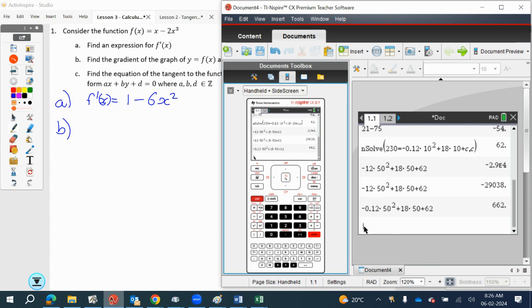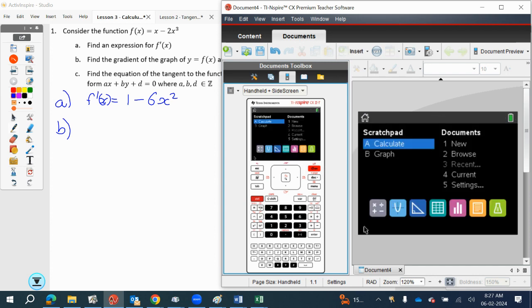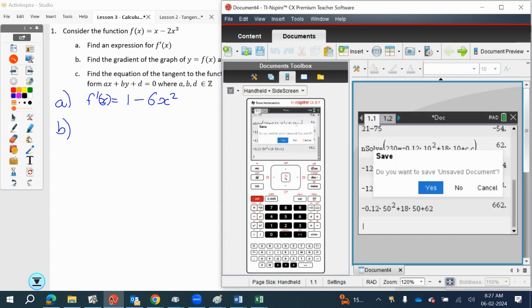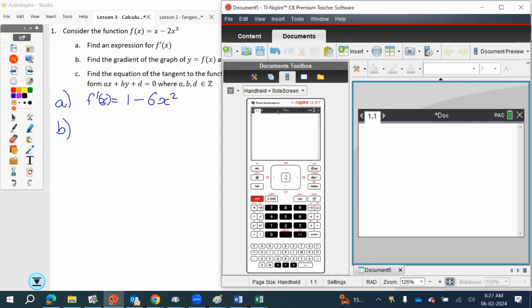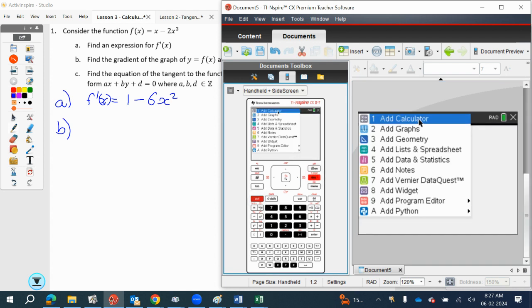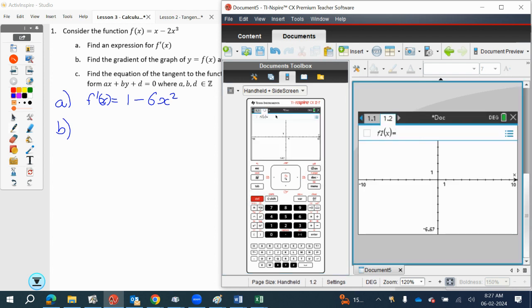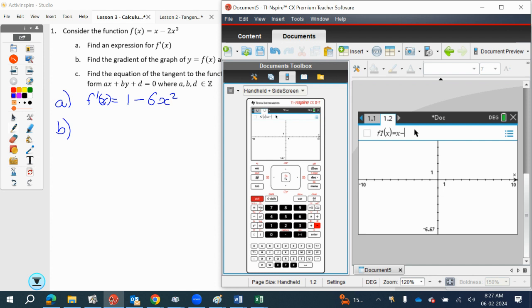One of the easiest ways to find a derivative is, let me just have a fresh new document. I like to add it onto the graph page. So I'm going to graph the function x minus 2x cubed.